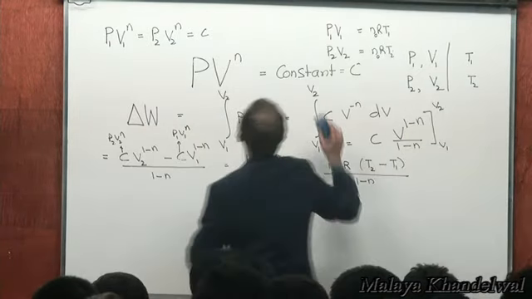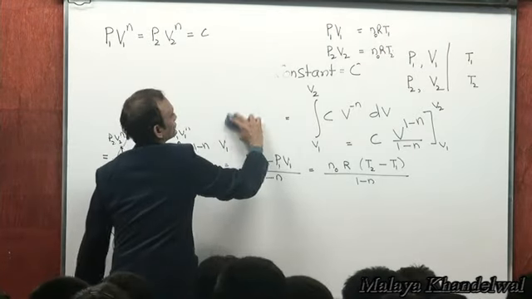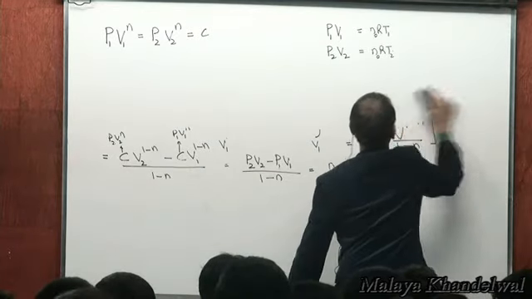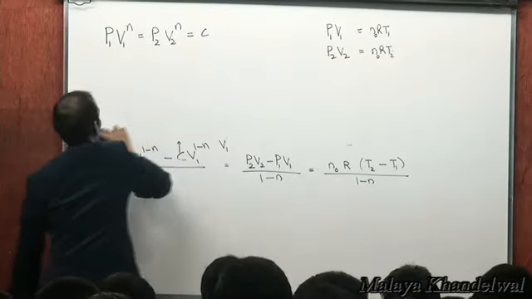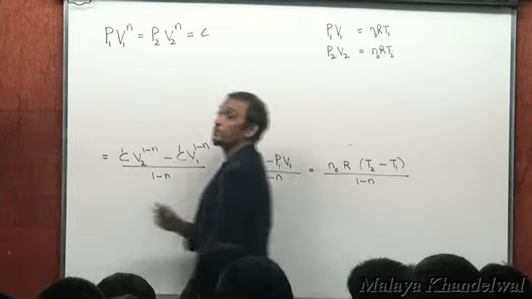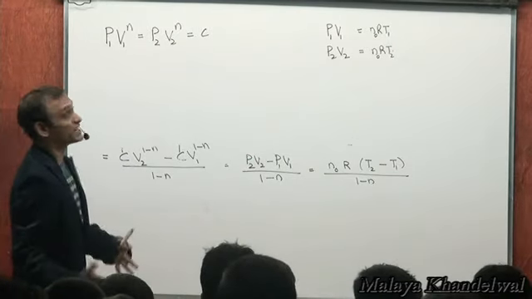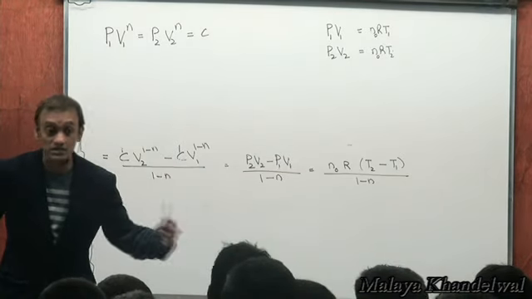Now, for a polytropic process, I am seeking to calculate the molar specific heat for the process, right? I want to calculate for a process PV to power n the molar specific heat C for the process.